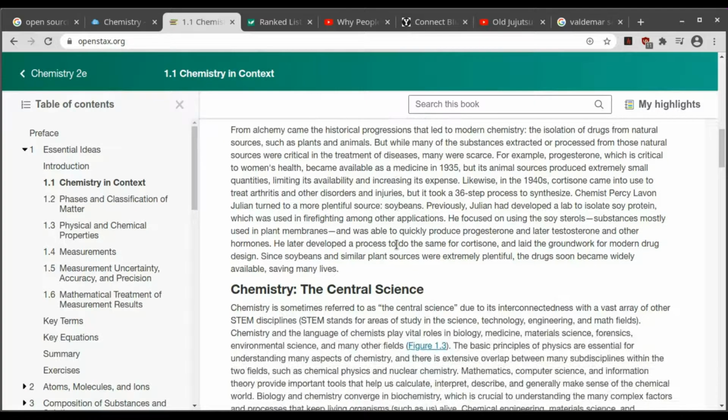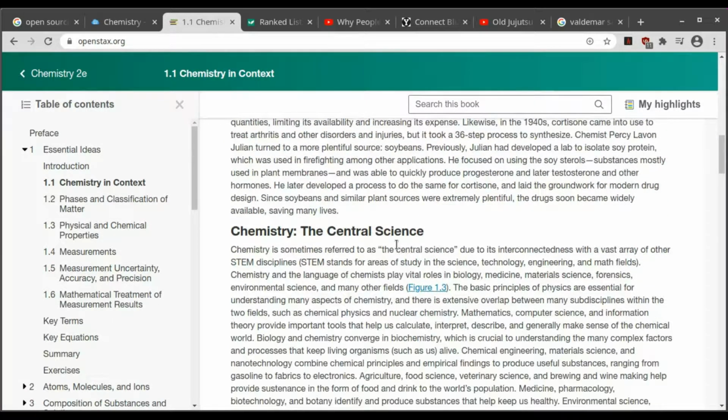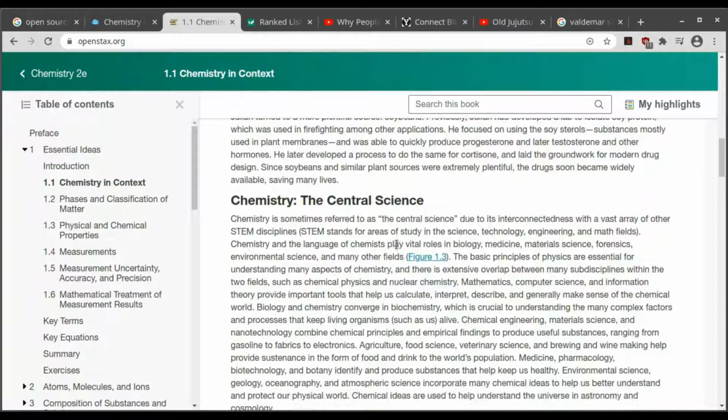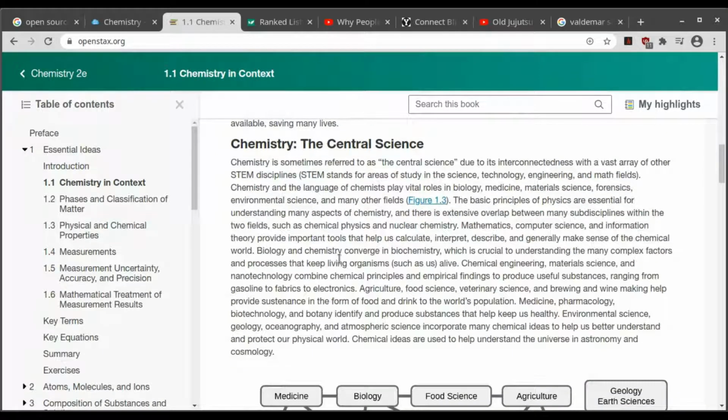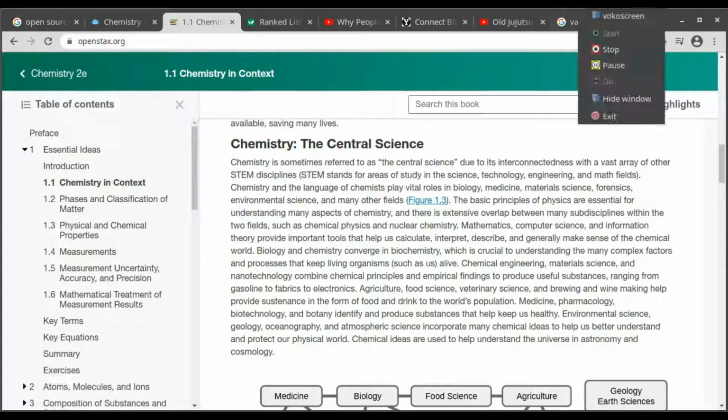But again, when we're looking at the exercises, the main things we're trying to understand are the scientific method and hypothesis versus law versus theory, and also microscopic versus macroscopic. So let's see here. From here, the next subsection is talking about chemistry, the central science.